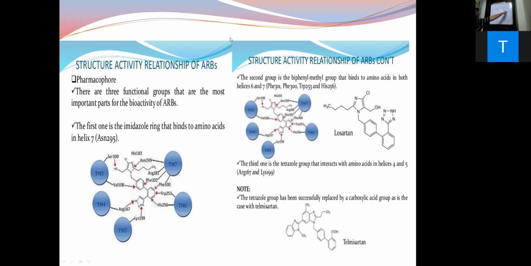First is the carboxylic acid. Instead of your methyl, it is an ethyl group over here, and there is a propyl group.